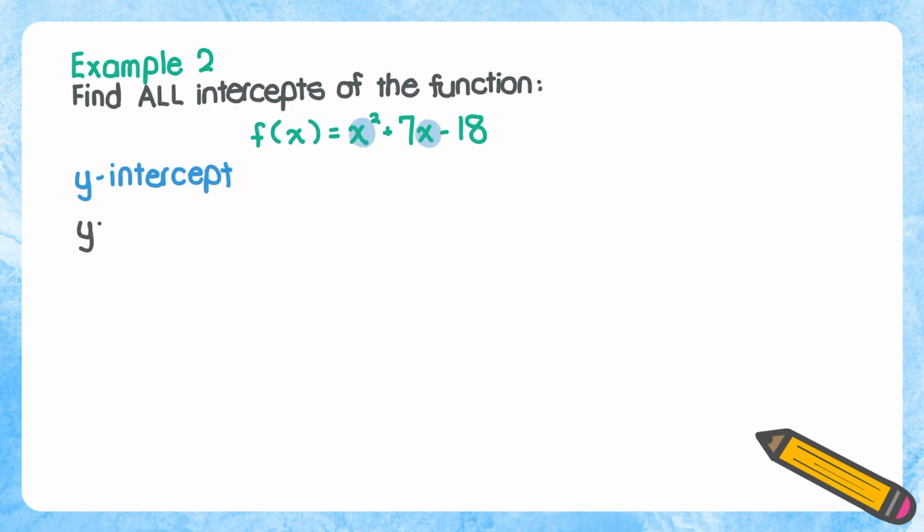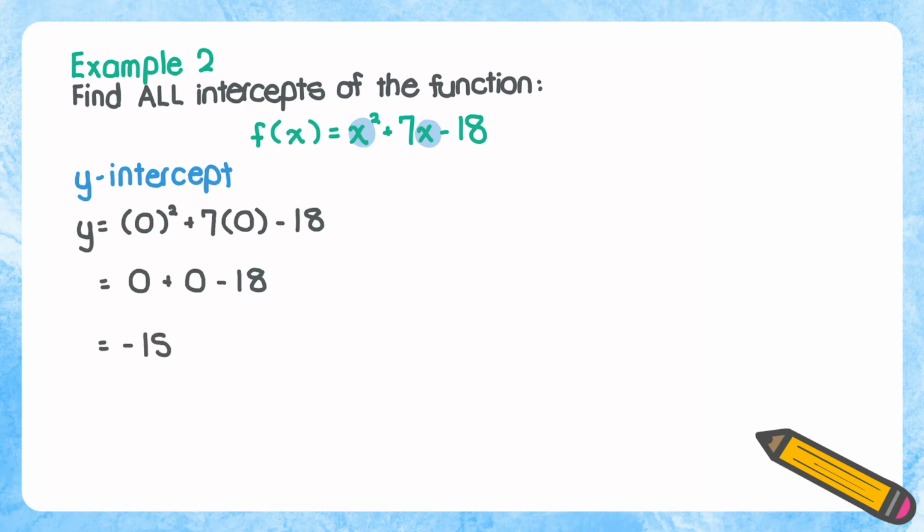So to find the y-intercept, we set x equal to 0. So we have y equals 0 squared plus 7 times 0 minus 18. 0 squared is 0, and then 7 times 0 is also 0, minus 18, and so this will equal -18.